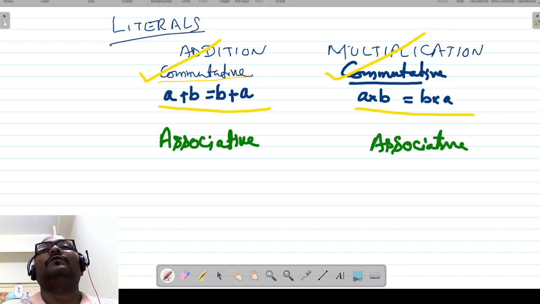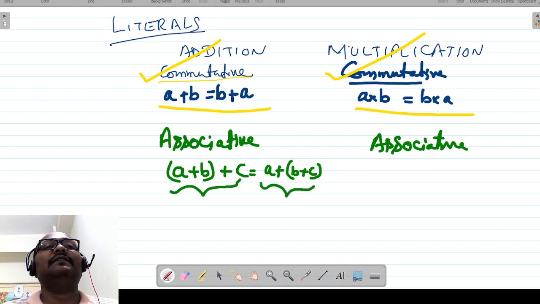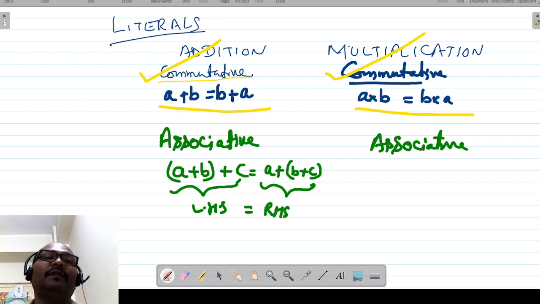When the sum of two literals, a plus b, is added to the third one, and on the RHS we add the latter two first and then add the first one, then both LHS and RHS will be the same.